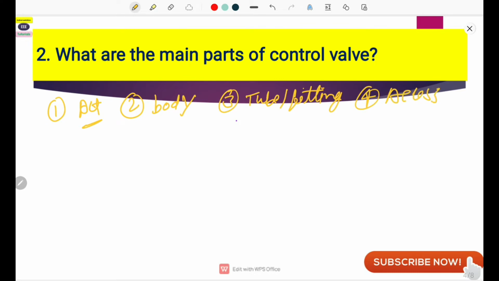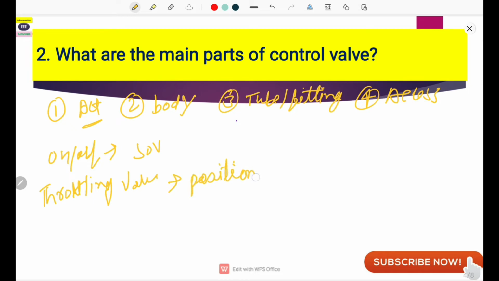Generally, among the accessories, when you have an on-off valve, the first accessory is the SOV. If you have a throttling valve, then you will have a positioner. Another part is the AFR, the air filter regulator, which is common and eliminates dust particles from the air.